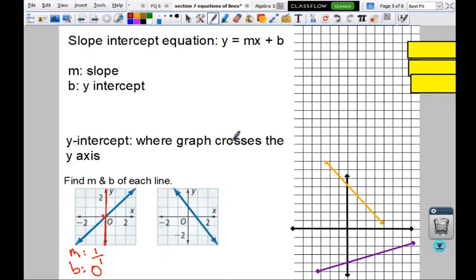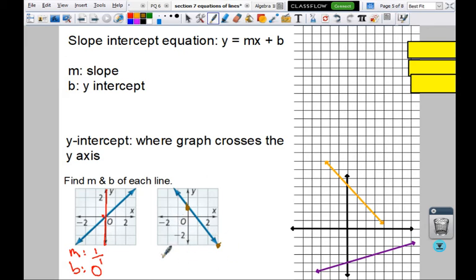That's all it is. Alright, let's look at this second one right here. I'm going to find my m, find my b. I know this point for sure, and up here, I know this point for sure right here, like right in the very corner.